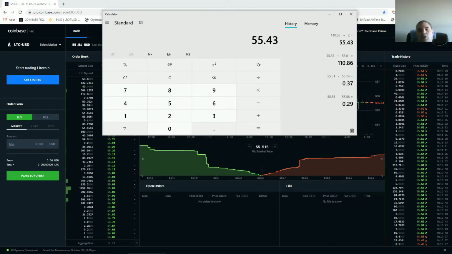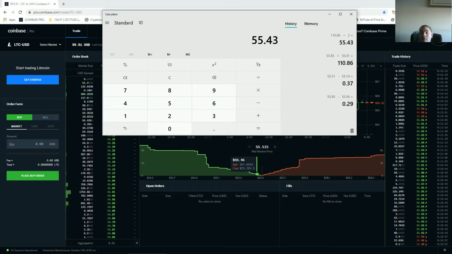The price is going to go down, you see, versus the current mid-market price. That's how I know it's going to go down further. Plus, this confirms it's going to go down because the sell wall is closer than the buy wall, and the mid-market price averaged out between those two trades is lower than the current price. We're going down. You see how this math works?